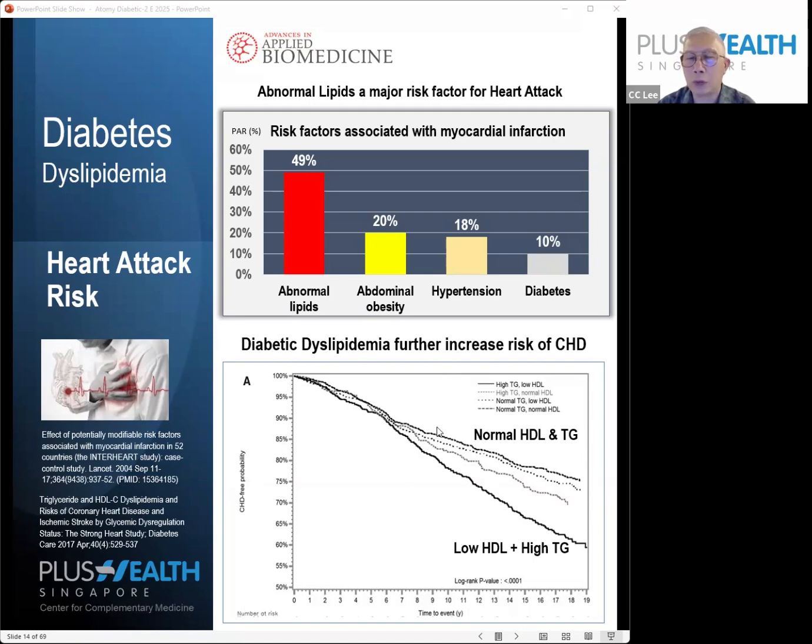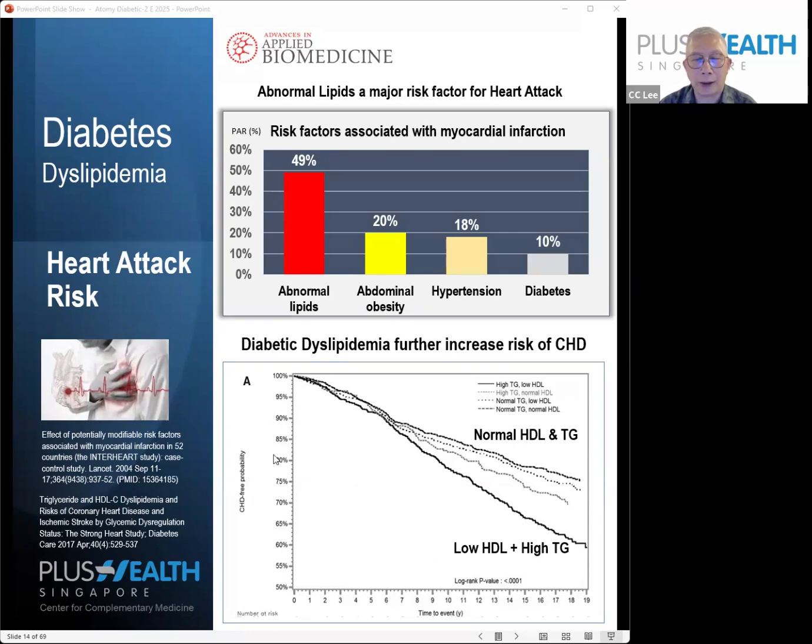Now, here is another chart to show you why diabetic patients have a very high risk of heart attack compared with people who have lipid disorder with only one or two classes. You can see here that the heart disease free probability drops according to the degree of the types of lipid disorder you have. For diabetic patients, typically you have all three. That means you have low good cholesterol, high triglyceride, and high LDL.